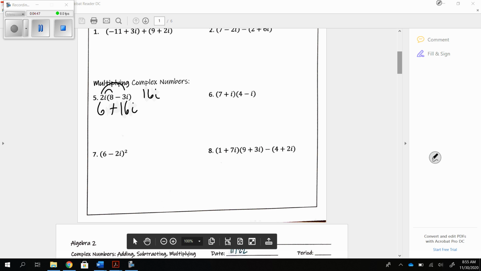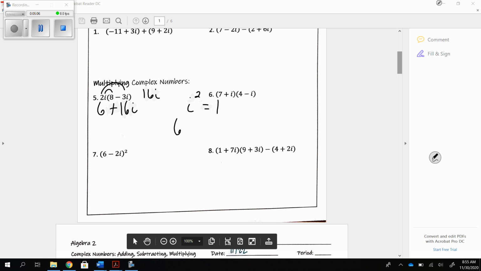A lot of y'all might have thought, oh, 2i times negative 3i is 6i squared. But i squared is really equal to negative 1.